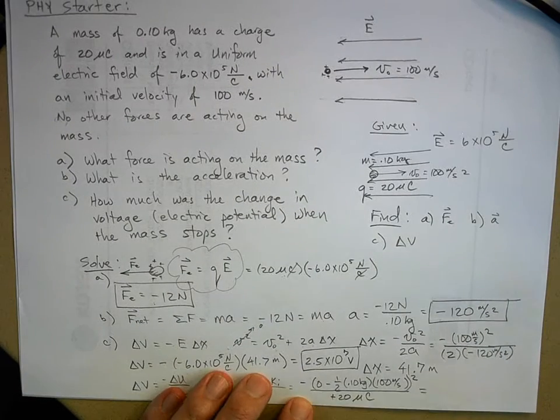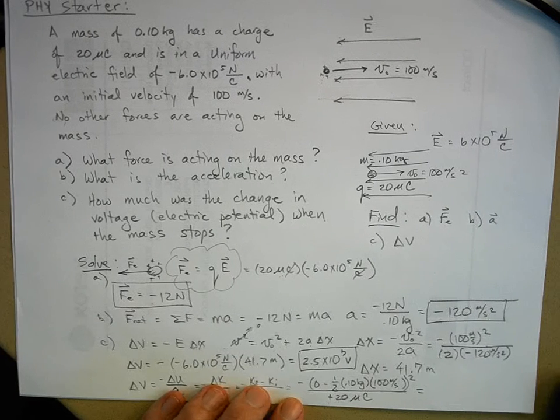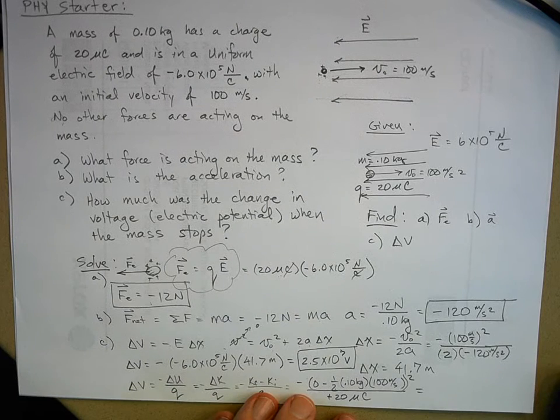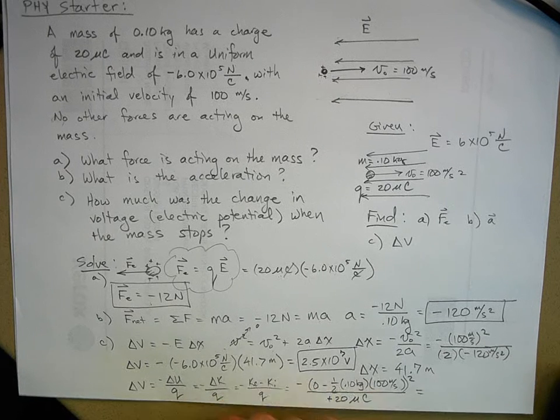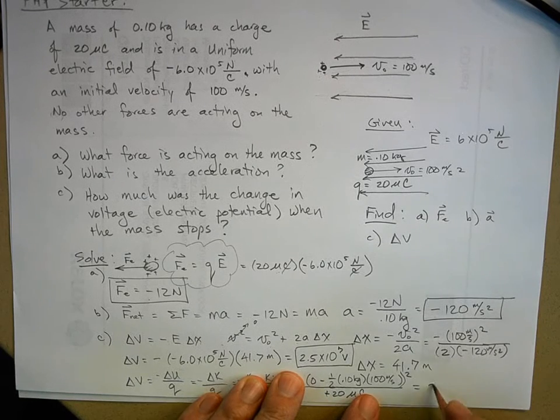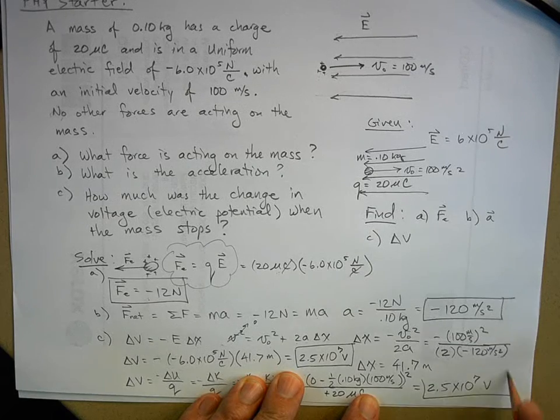So, if we do this, clear your calculator, I'm going to go minus a negative, so it becomes a positive. We got 0.5 times 0.1 times 100 squared equals, and then I'm going to divide that by 20 times 10 to the negative 6, and lo and behold, I get 2.5 times 10 to the 7 volts. Either way works.